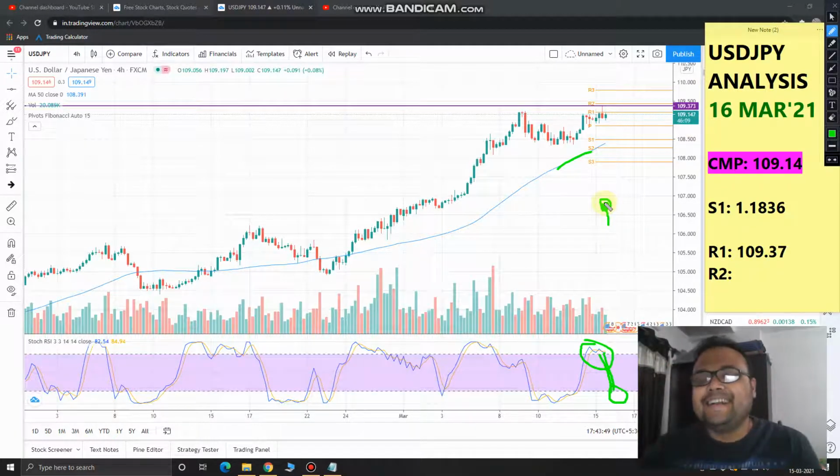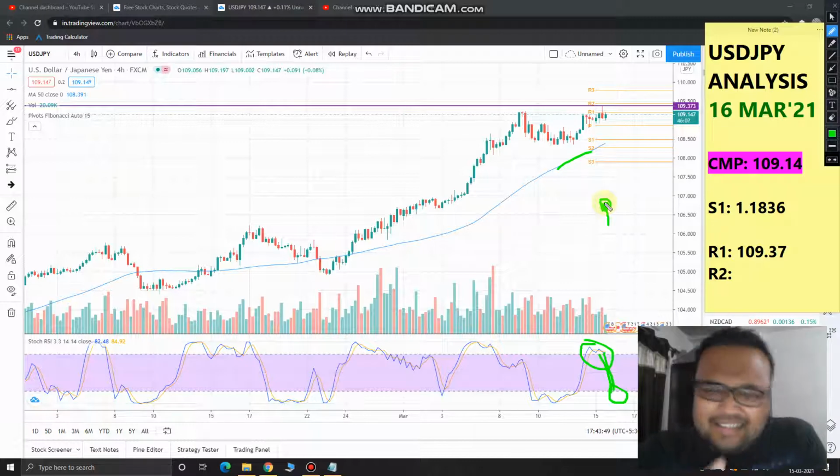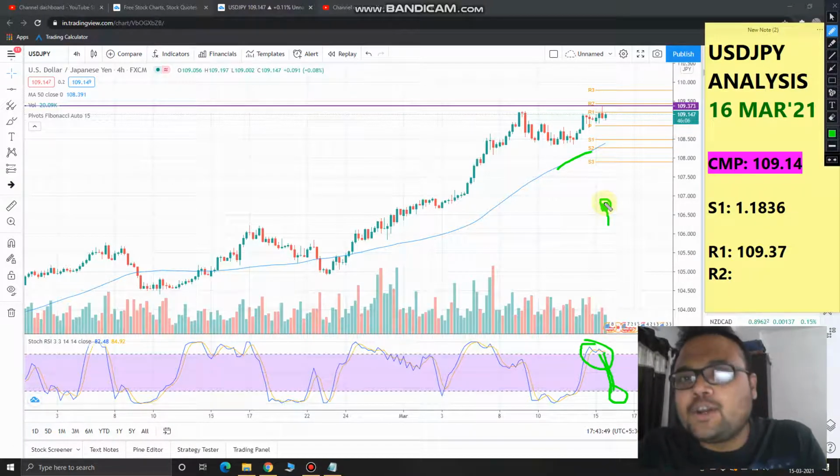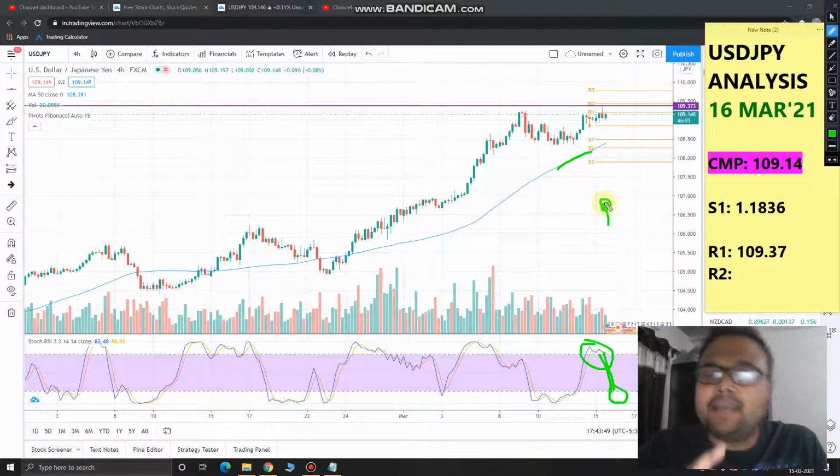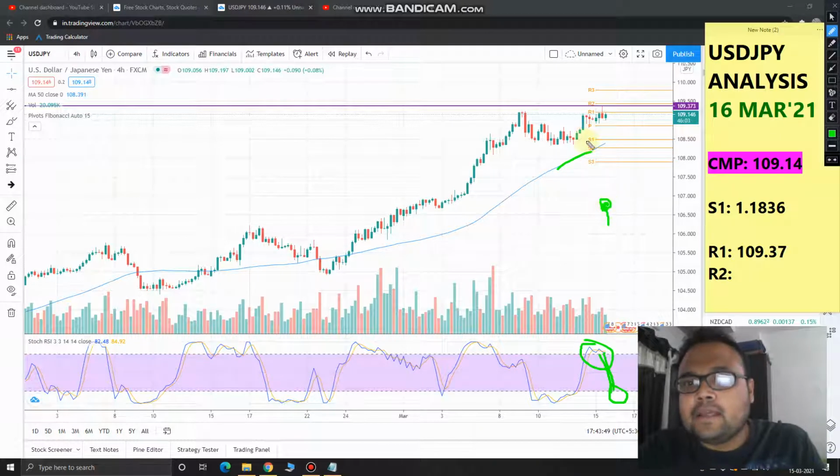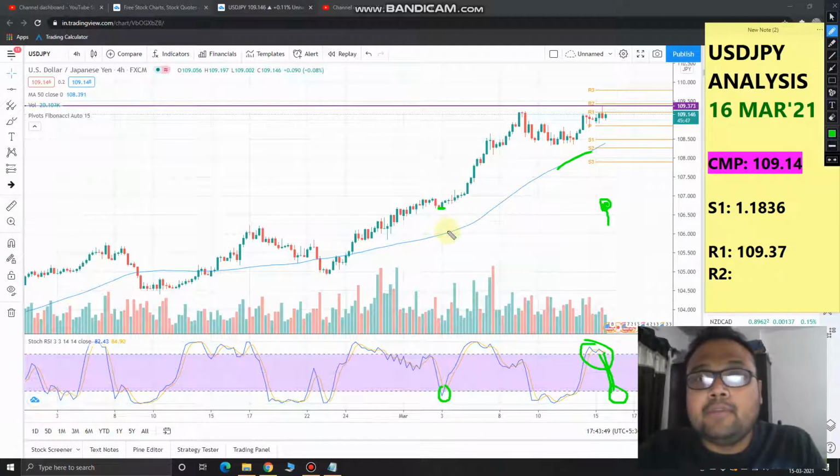And if somehow the market does not come to take support at the 50 moving average, then just wait for some reversal sign. Because see, from here, where the market came to the oversold zone, but it did not come down to the 50 moving average to take support, rather it went up.